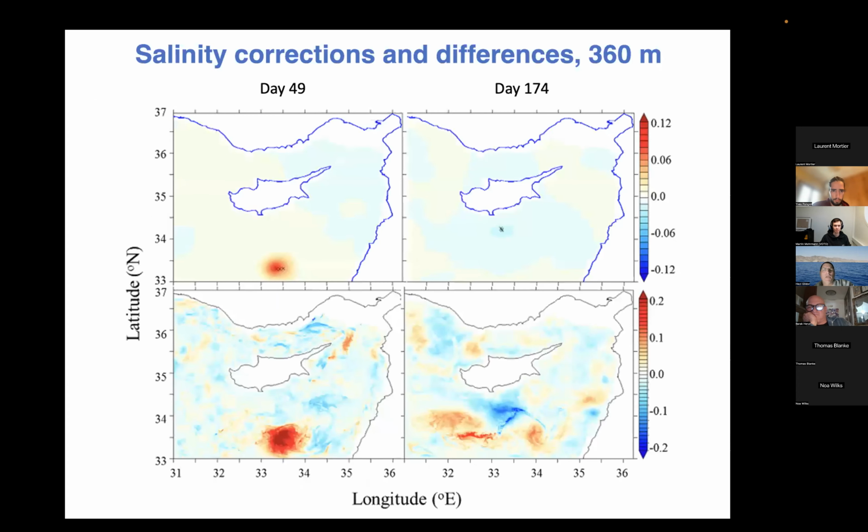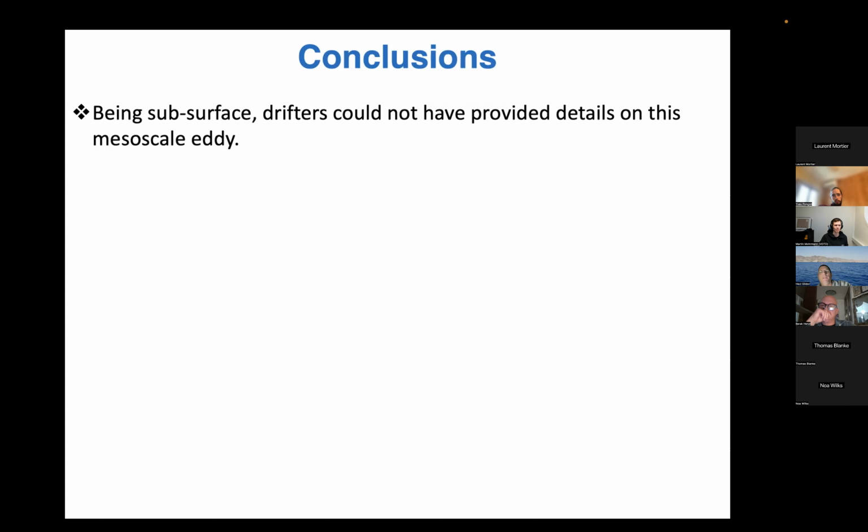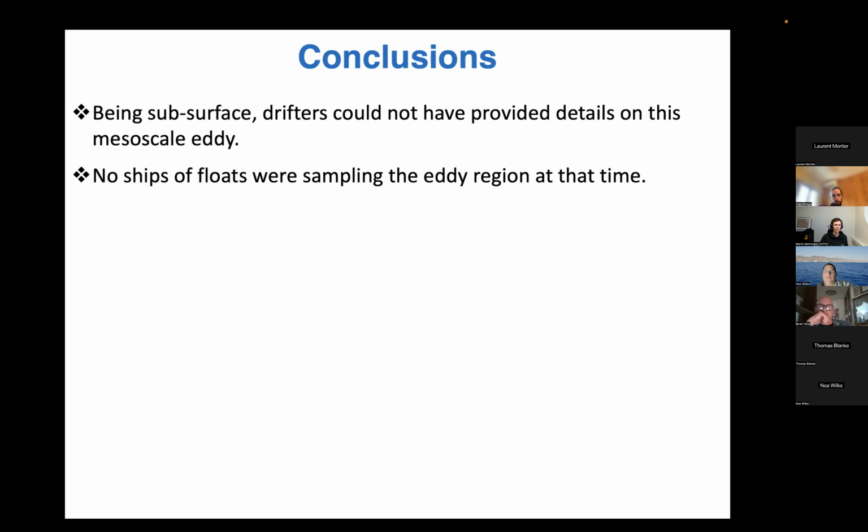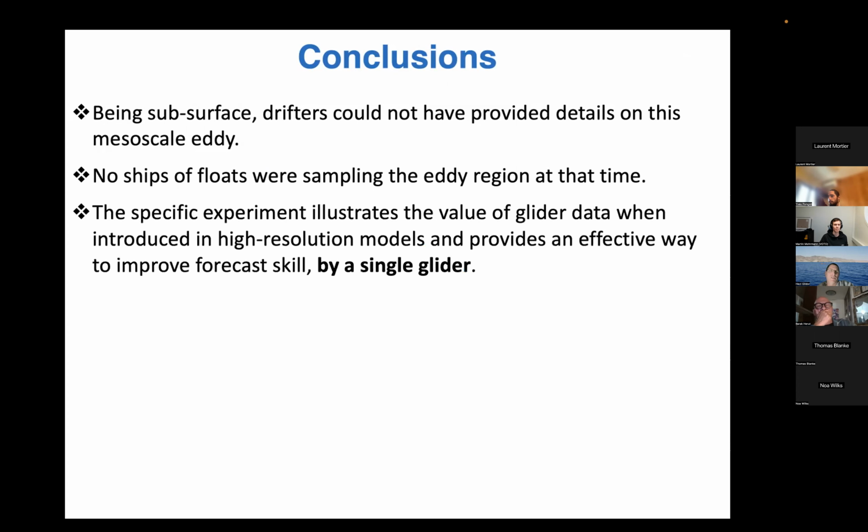So to conclude, being subsurface, at least in this case of the Cyprus eddy, surface drifters could not have provided any details on the existence of this eddy, at least for the specific days of the experiment. There were no ships and no floats that sampled this area, so the glider was the only source of information for the existence of this subsurface eddy.